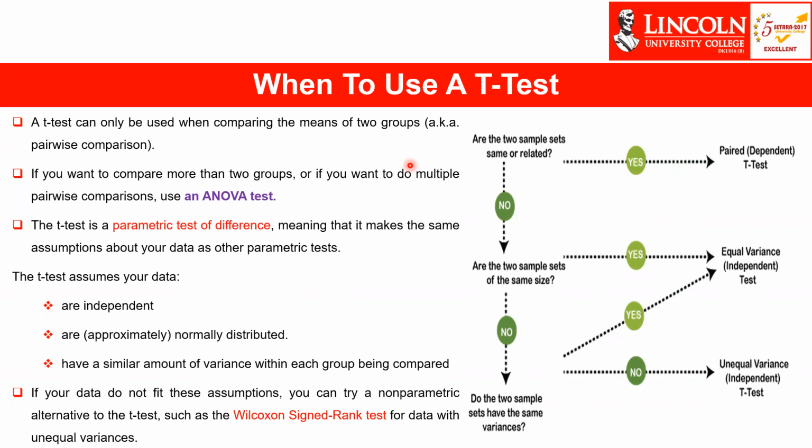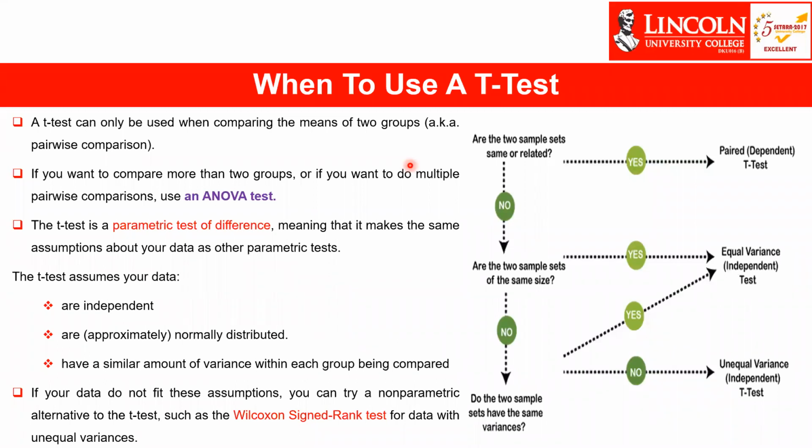How to test for normally distributed data, we'll be discussing in our next class. The third assumption is that your data have a similar amount of variance within each group being compared, meaning that the two groups being compared have the same variance. So these are the three assumptions that the t-test makes about your data set.